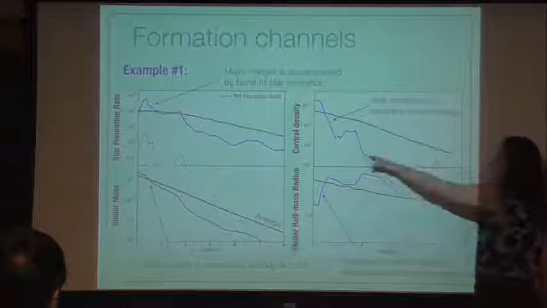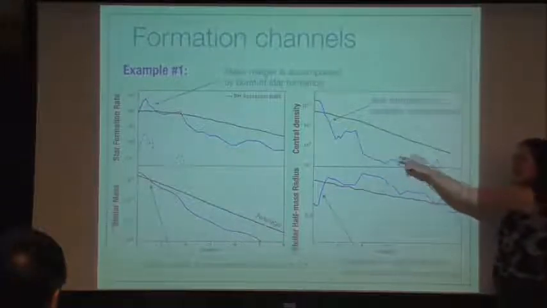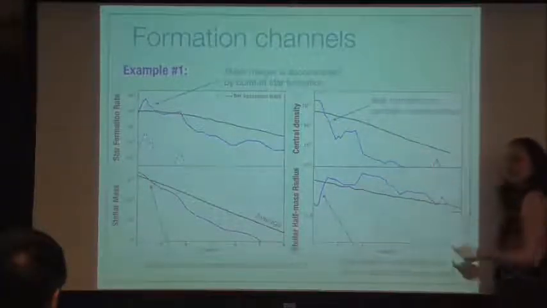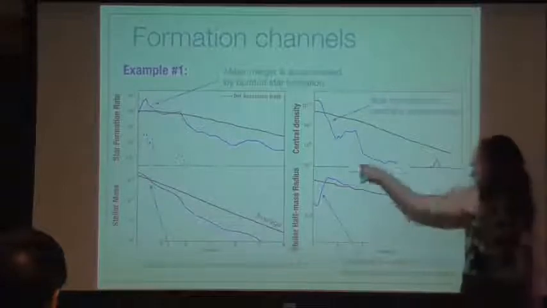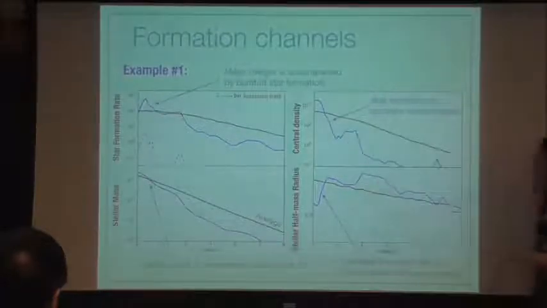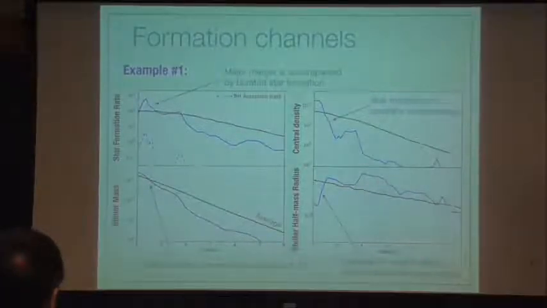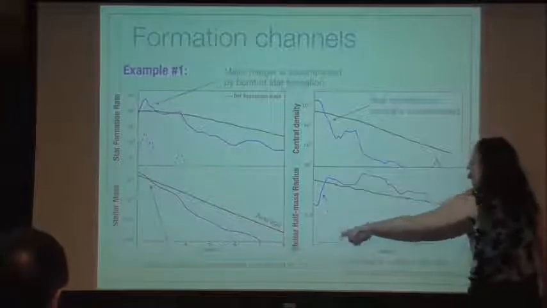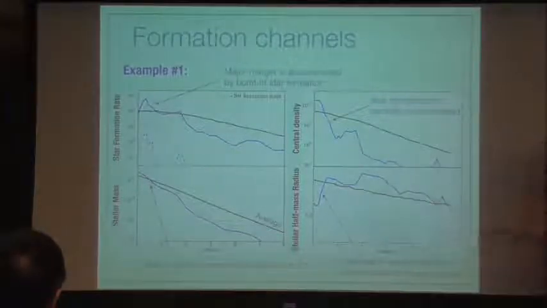If we look at the central density, so this is the stellar mass density in the central kiloparsec of the galaxy, at the same time, this density jumps by almost 2 orders of magnitude, which tells you that the star formation is very centrally concentrated. And so we also see a decrease in the stellar half-mass radius at that time, not because the galaxy is physically shrinking, but because I'm producing a lot of stars in the center, which drives down the size of that sphere that contains half of the stars.